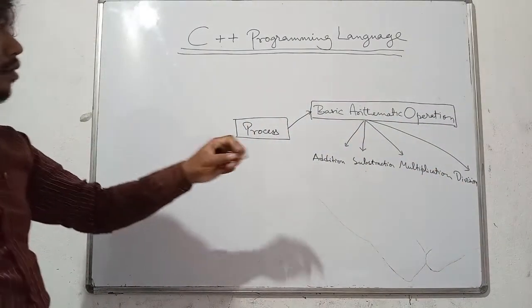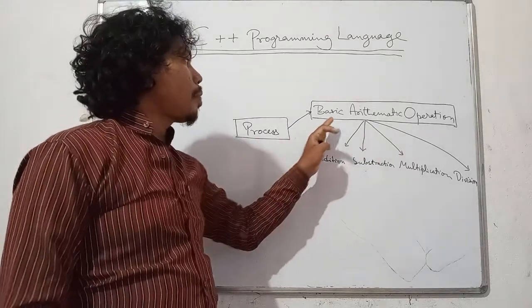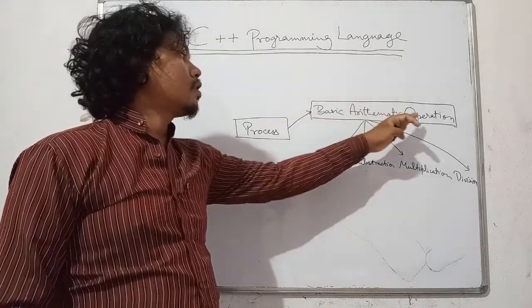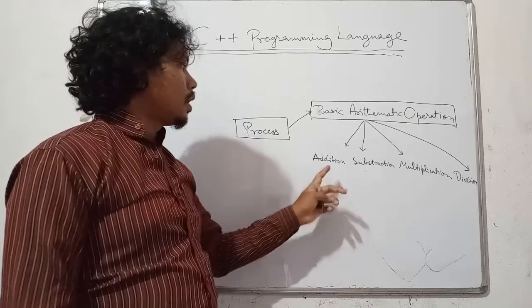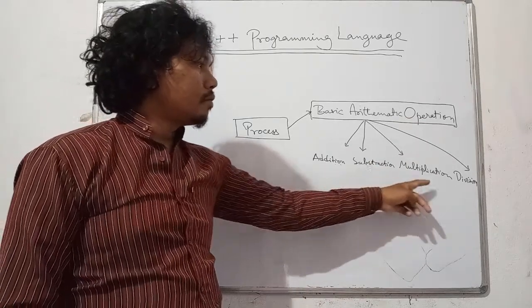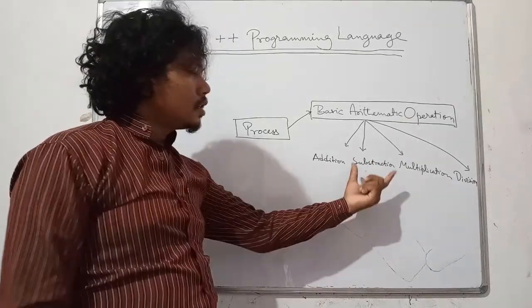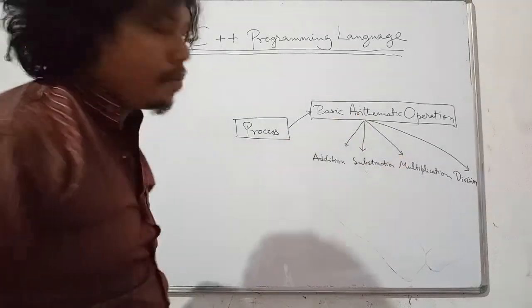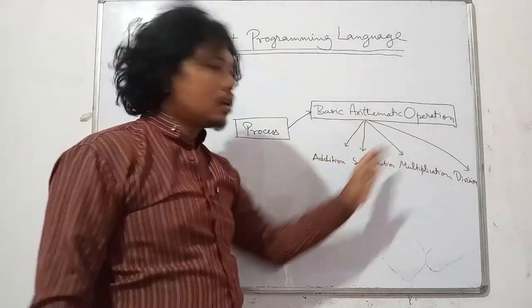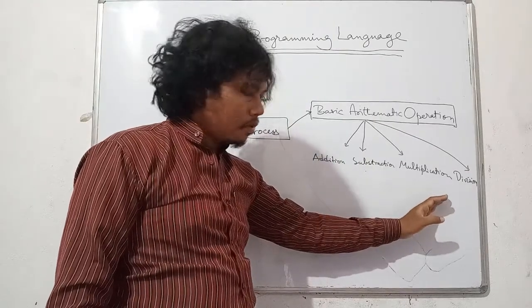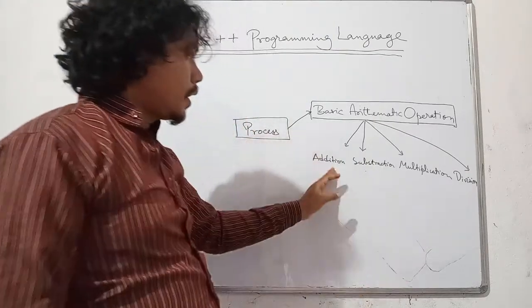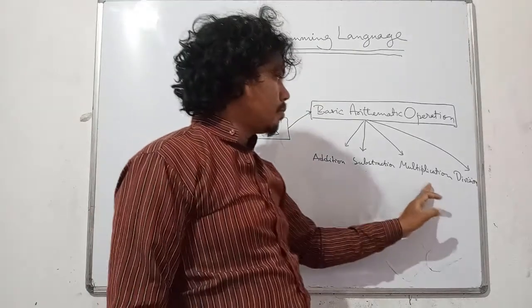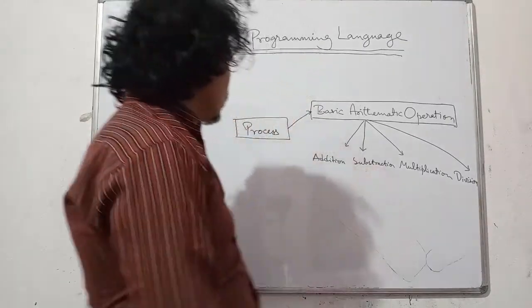So process can be basic arithmetic operations like addition, subtraction, multiplication, division. These four are called basic arithmetic operations.